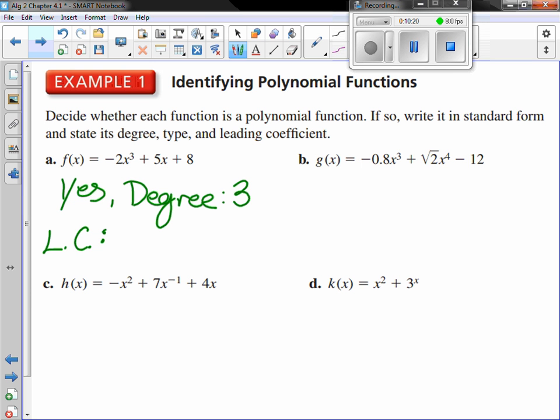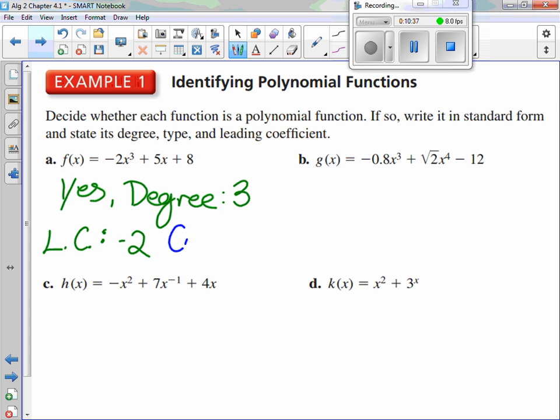And the number in front of the x cubed is -2. So did we answer every single part of this question? The type. So the degree is 3, yes? Every one that has a degree 3 is going to be a cubic. Degree 3 is a cubic.